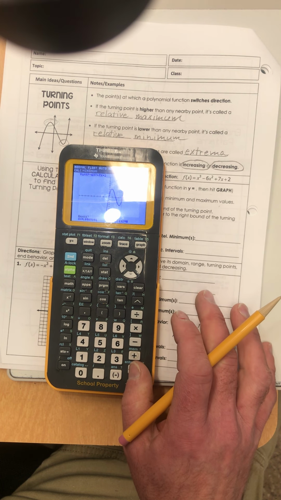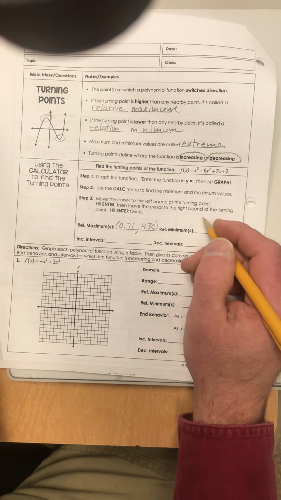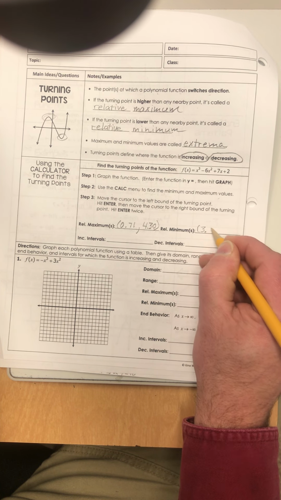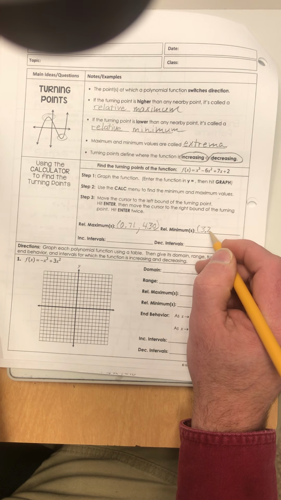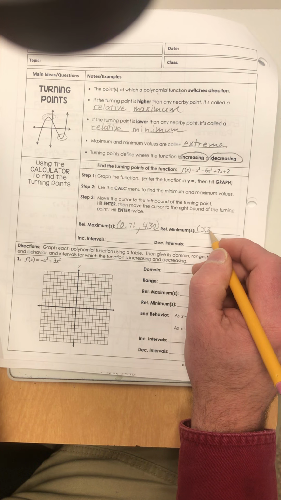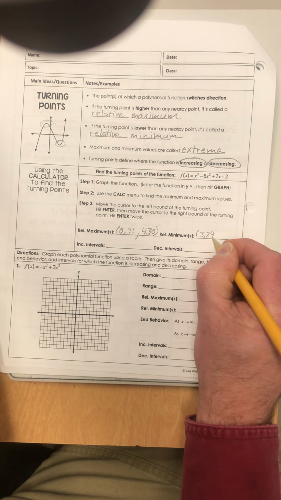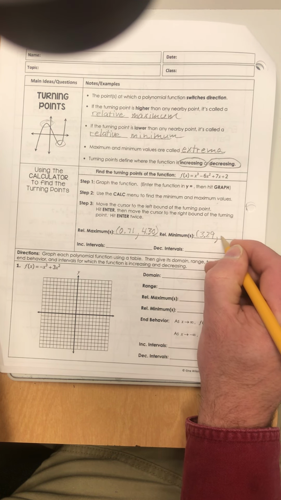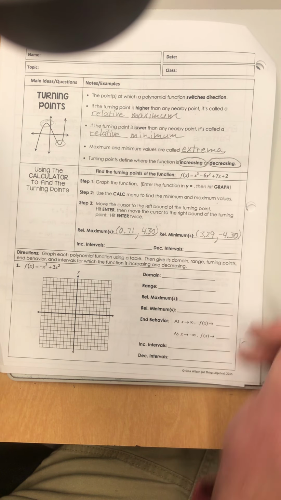And then enter again because I want to get rid of that guess. And it's telling me that the minimum value is at 3.29, and then negative 4.30.